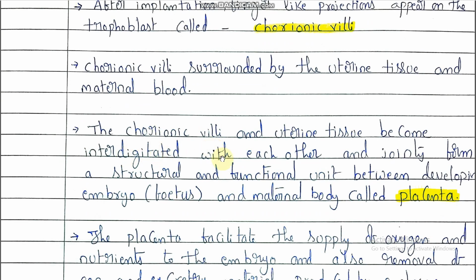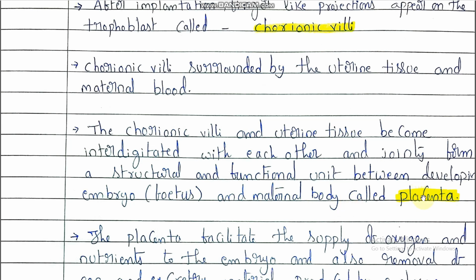The chorionic villi and uterine tissue become interdigitated with each other and jointly form a structural and functional unit between the developing embryo and the maternal body, called the placenta.